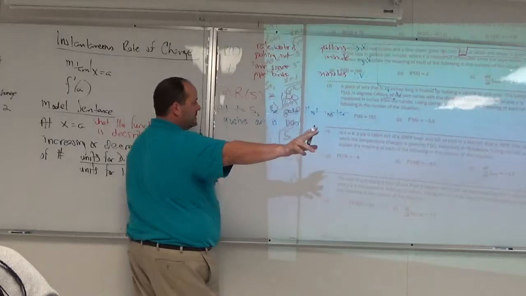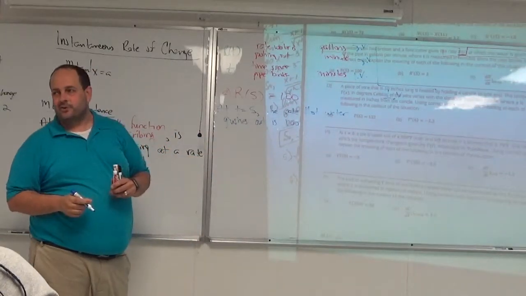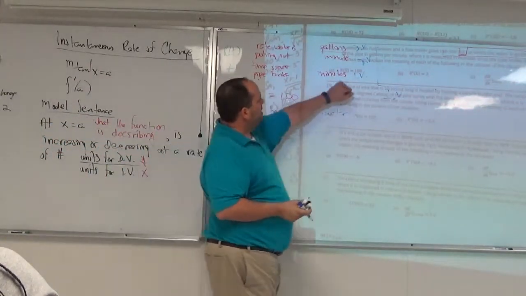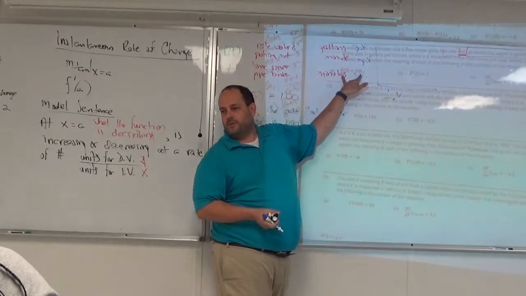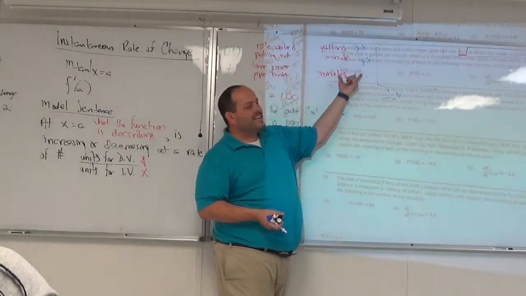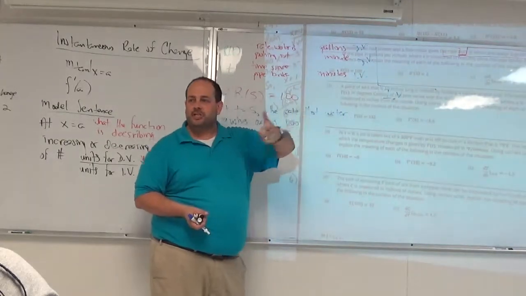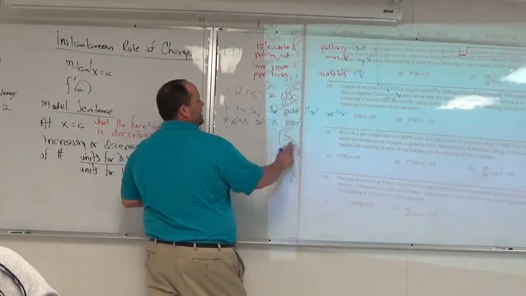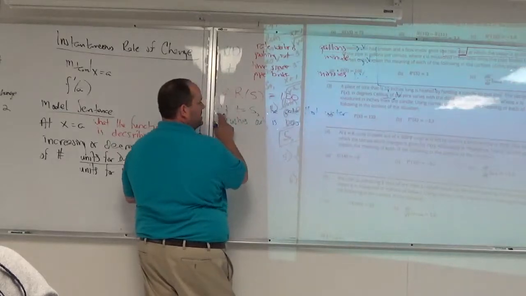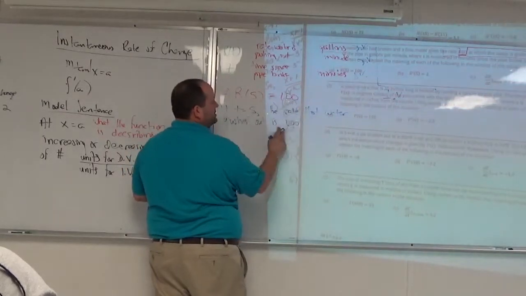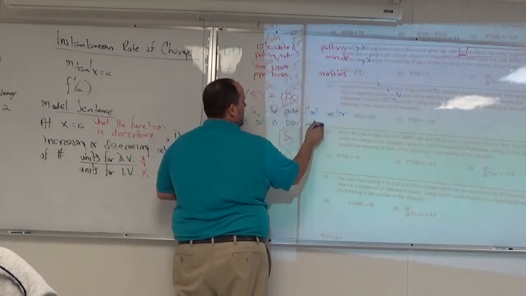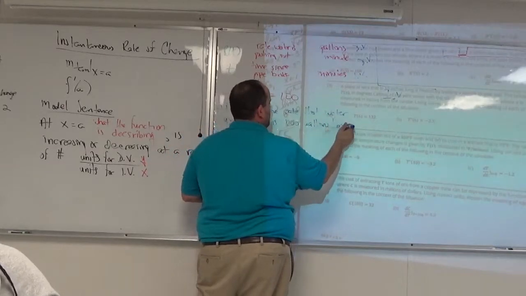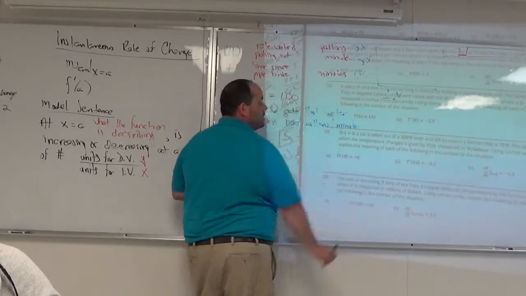It's not increasing. It's not decreasing. Look at the notation. R of 5 equals 100. There's nothing in here that says change. It's not derivative. It's not slope. We're just saying R of 5 is 100 at T equals 5. The rate that water gushes out is 100 gallons per minute.